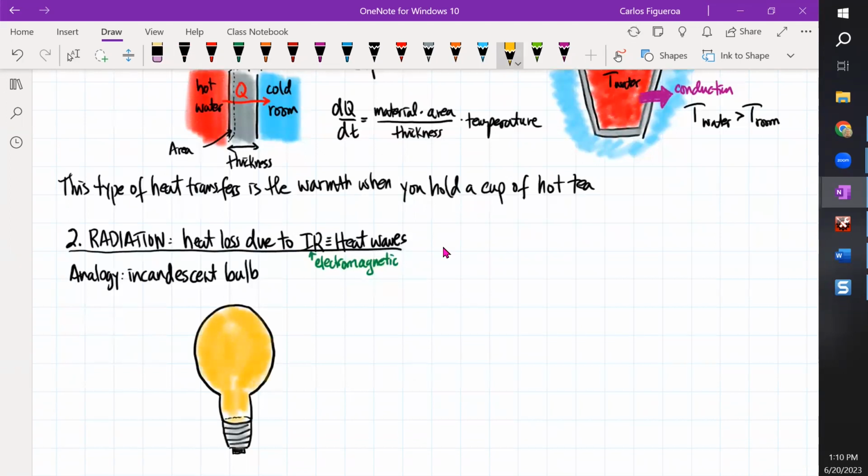So if you have this glowing bulb, the way you get it to glow is that you get a filament that gets really hot. And just for your information, the temperature of an incandescent bulb, I think a 100-watt bulb, is about the same temperature as the surface of the sun.